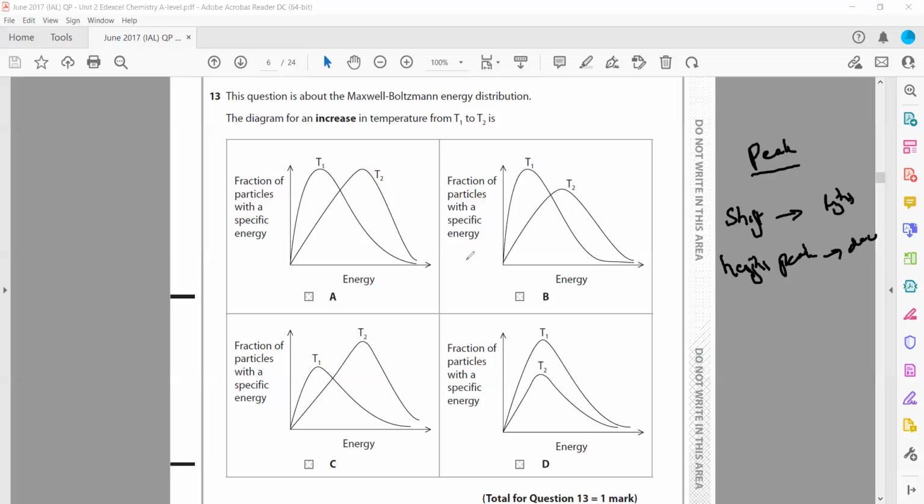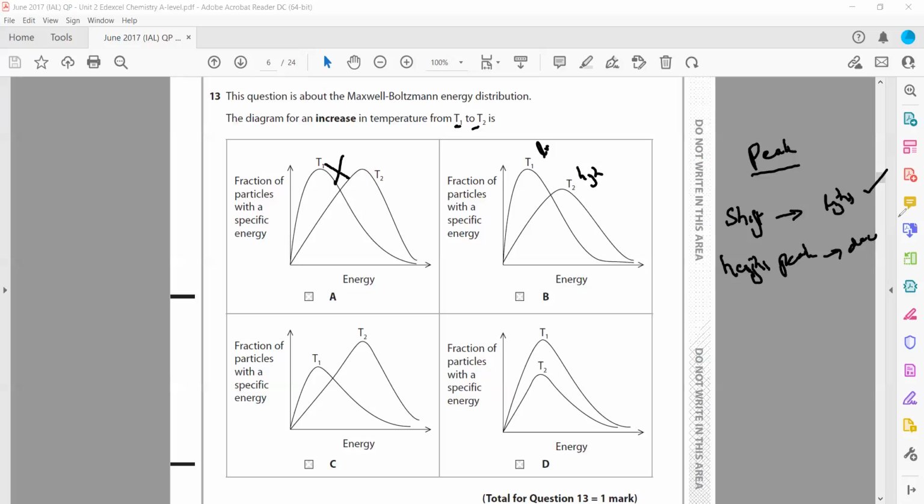So we have to check what happened according to the change. Why A is not right: because the height of the peak is the same for both high temperature and low temperature. B, as you can see, T2 is the high temperature, T1 is the low temperature. When we increase the temperature, the peak shifts towards the right hand side, that is true.